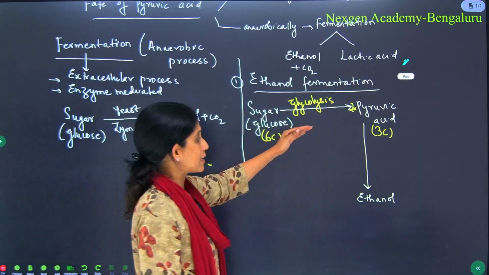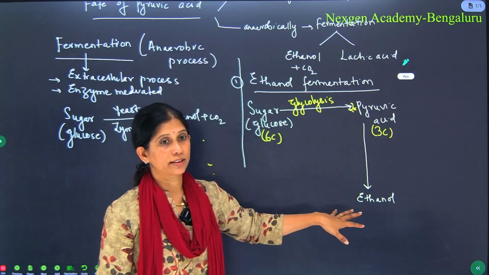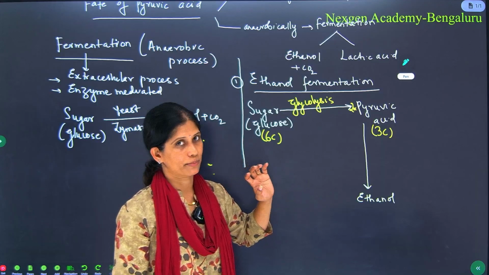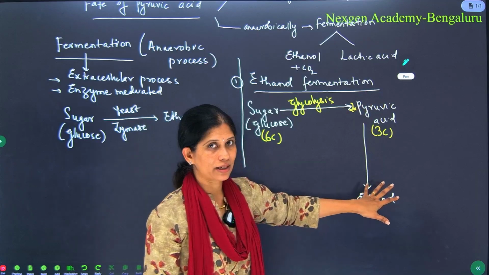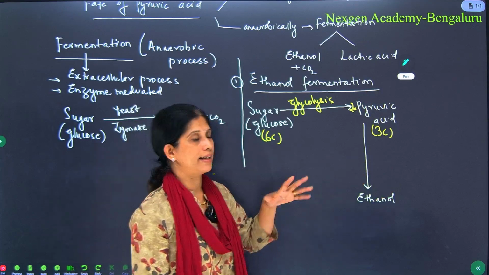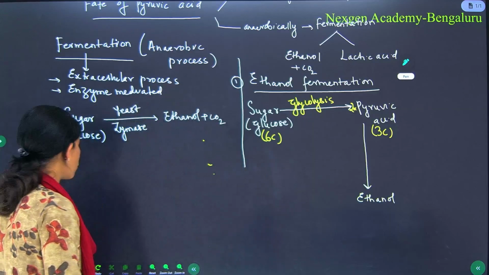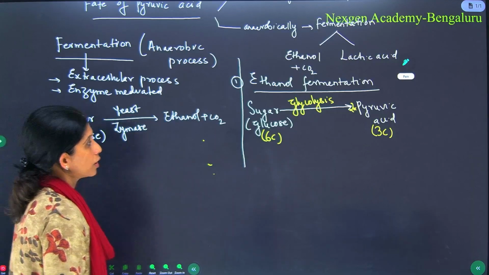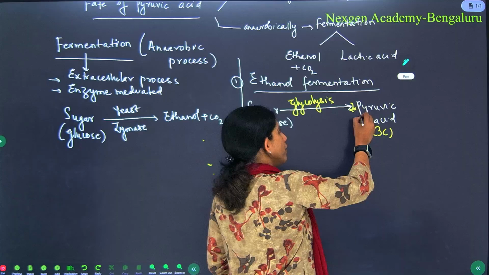So pyruvic acid is converted to ethanol, but there are a few in-between steps that we need to remember. This is how it is given in our textbook, but sometimes they ask the question in detail. So what kind of questions and what else do we need to remember here? Let us see, we will break it down.